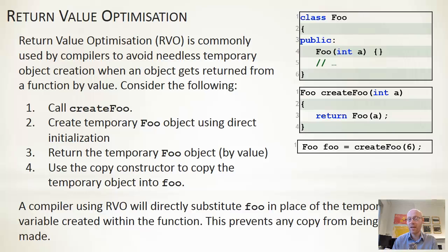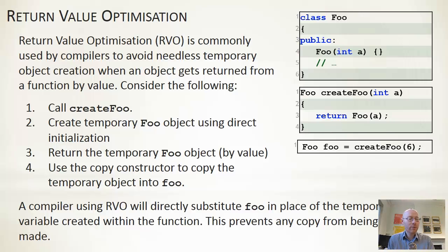In other words, whatever is returned from createFoo is actually foo itself, the variable foo. So it doesn't do the copy; it just says, okay, let's create this, we get it returned, and let's just call it by whatever L value name we are using. And that avoids the need to perform that temporary creation and copy.